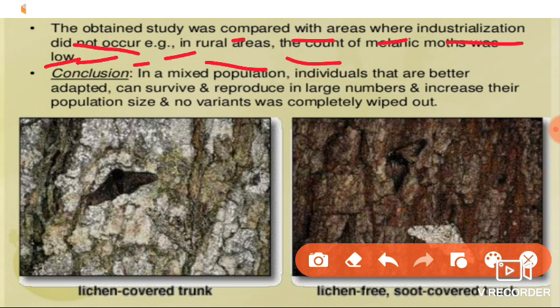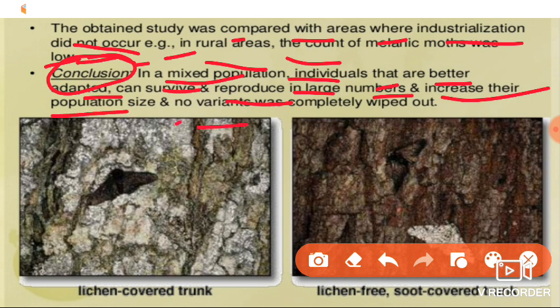And what is the conclusion of this natural selection in industrial melanism? In a mixed population, individuals that are better adapted to the environment can survive, reproduce in large numbers, and increase in their population size. No variant was completely wiped out.